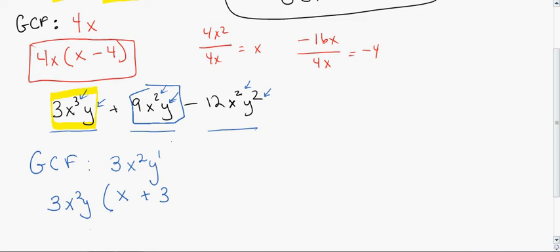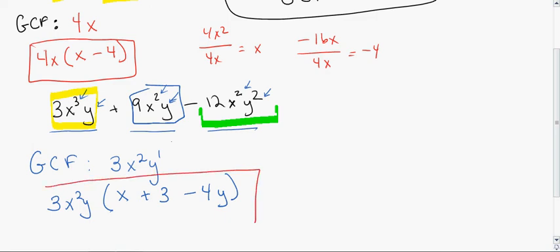The x squareds are going to cancel, the y's are going to cancel, and I'll have just the 3. And then 12x squared y squared divided by 3x squared y is going to be 4. So minus 4. The x squareds cancel. Y squared divided by y is just y. So here is my answer, factored using the greatest common factor.